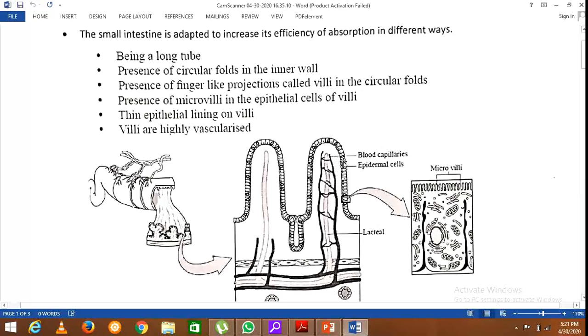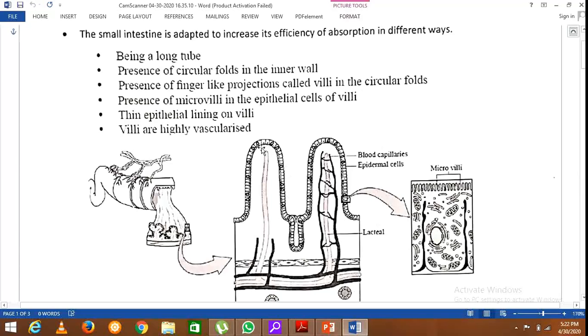Then when we consider the lining of the villus, it consists of microvilli. All these adaptations are to increase the surface area. So we call this epithelium with microvilli as a brush border to increase the surface area of the inner lining of the small intestine.